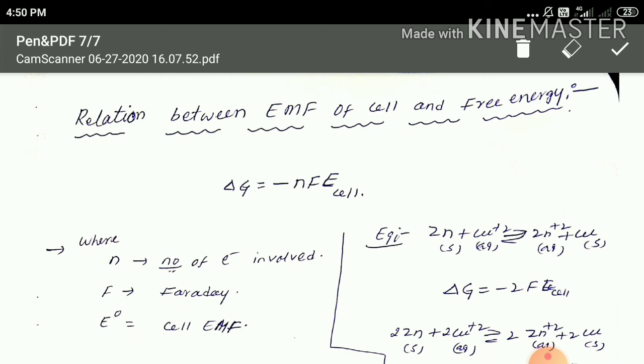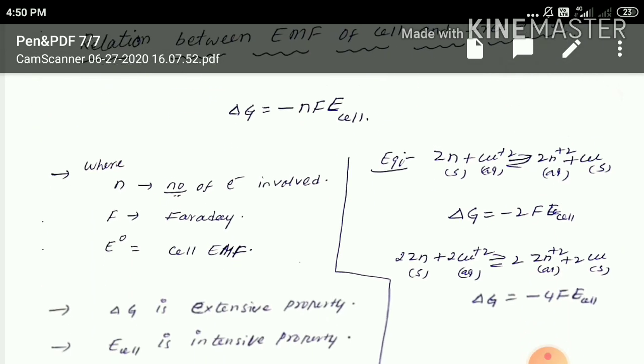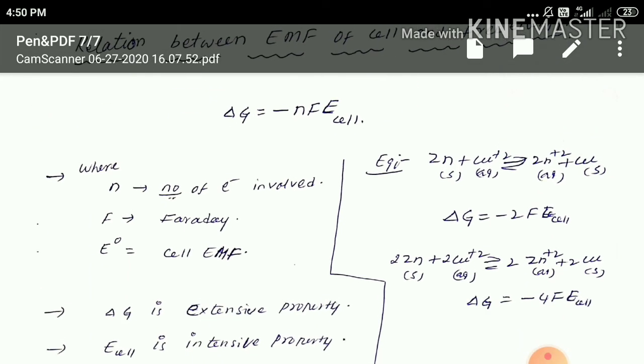The delta G value also changes. When 2Zn plus 2Cu2+ gives rise to 2Zn2+ plus 2Cu, zinc loses a total of 4 electrons and copper accepts a total of 4 electrons. That's why overall 4 electrons are involved in this reaction, and delta G is equal to minus 4F E cell.